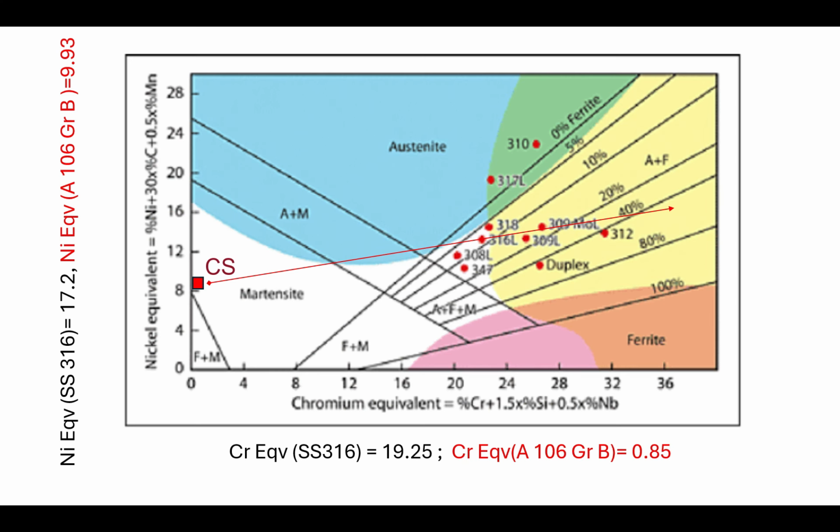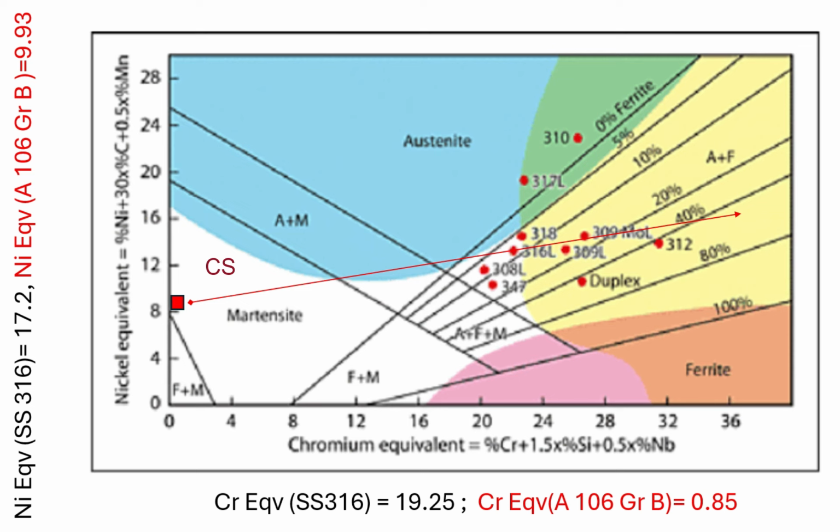Very interesting. One thing is, if a steel does not have any ferrite content, it becomes prone to fissures, micro fissures and micro cracks. So 5 to 10% delta ferrite is highly desirable. 316 has 8 to 10% ferrite content, which is highly desirable.